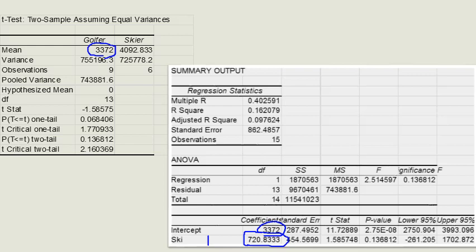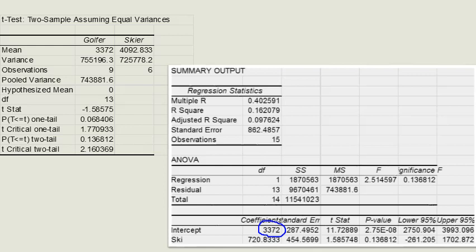And this is exactly the difference between the two sample means shown here. So interpreting the regression output is actually very similar to the two-sample t-test. I would begin with the intercept and interpret this as the mean amount spent on golf holidays.